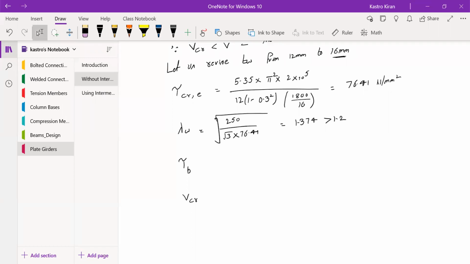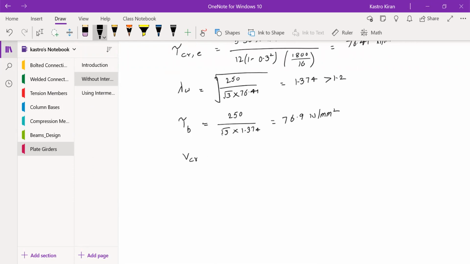Then you need to find the value of tau B, which you can find by fy by root 3 into lambda W square. fy is 250, root 3 into lambda W square. What is the lambda W value? It is 1.374. So it will be 76.9 newtons per mm square.